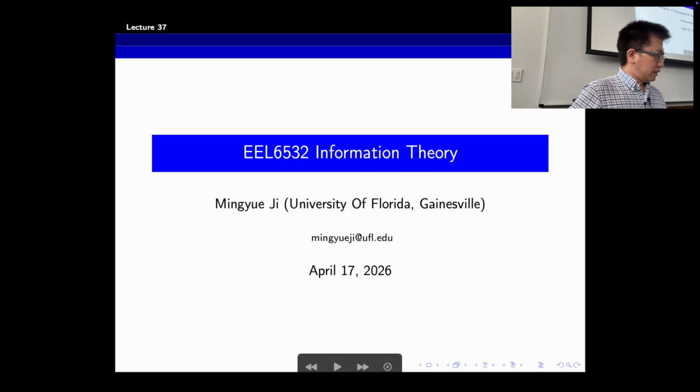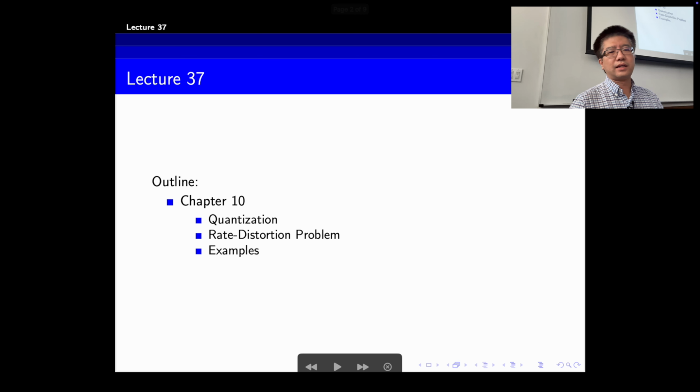Okay, great. So let's see what we're going to cover for today. Let's see what we covered in the last lecture. In the last lecture, we continued talking about quantization, and we formulated the rate distortion problem, and then we started giving examples of rate distortion, like how to compute the rate distortion function R(D).